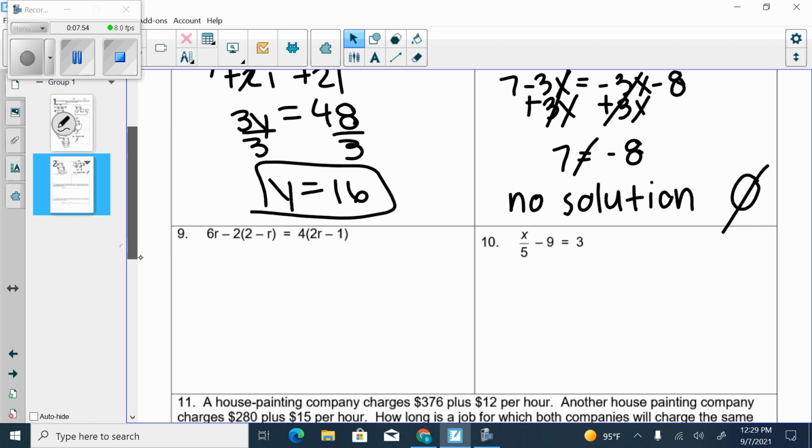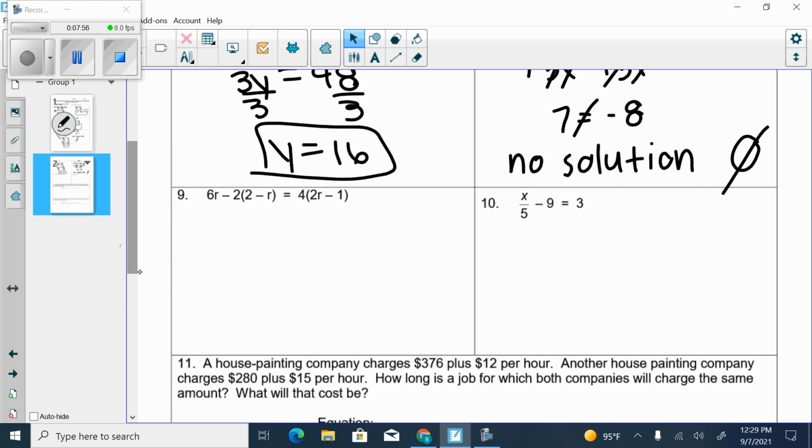All right, what am I doing on number 9? Distributing. So we got 6r, negative 2 times 2. Oh, sorry, negative 8. Negative 4. And then negative 2 times negative r, positive 2r, right. Two negatives make a positive.